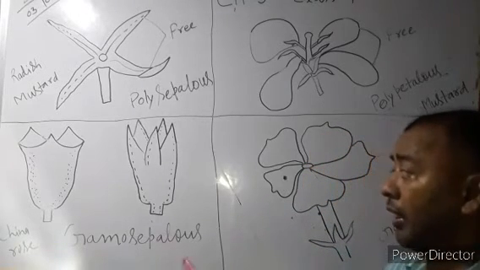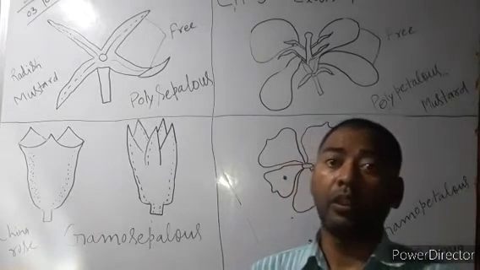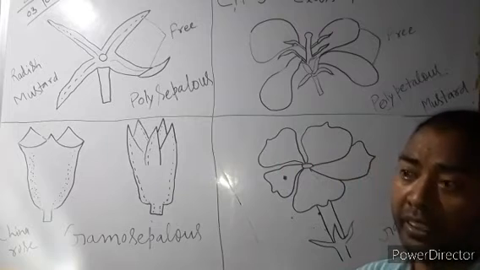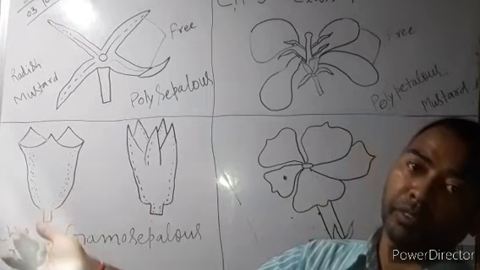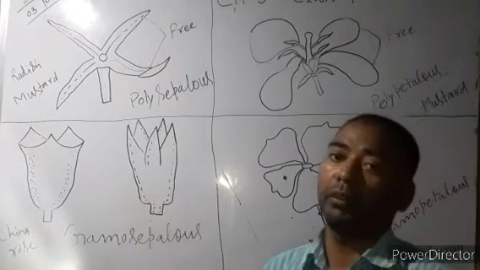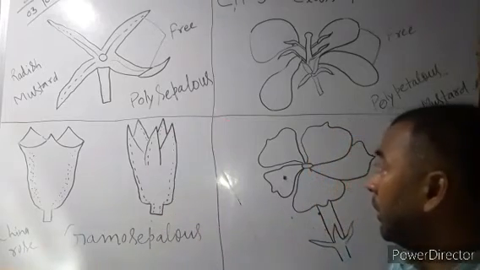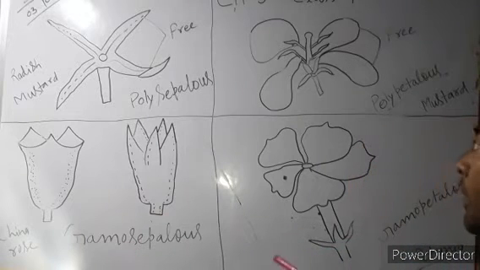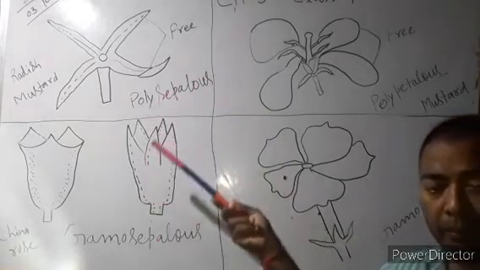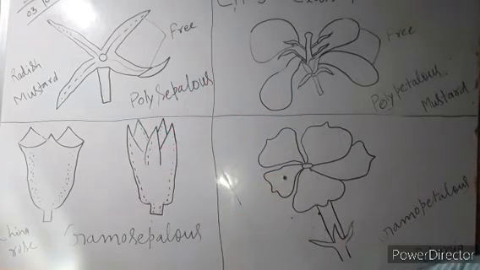And the third is that it can also be colored, so it also helps in pollination together with the petals. So that is all about sepals. Now we come to the petals condition. It is somewhat similar to the sepals condition, but I will tell you because there are some differences also.